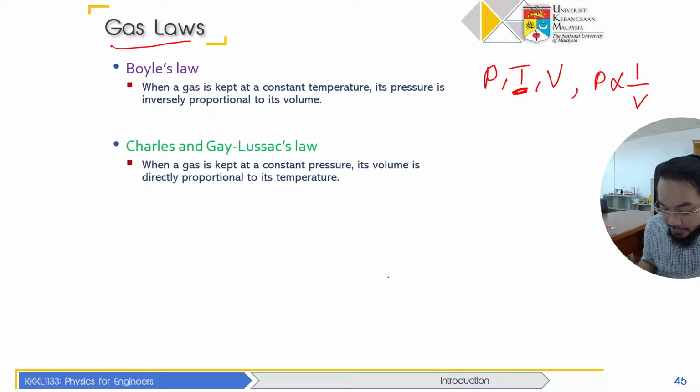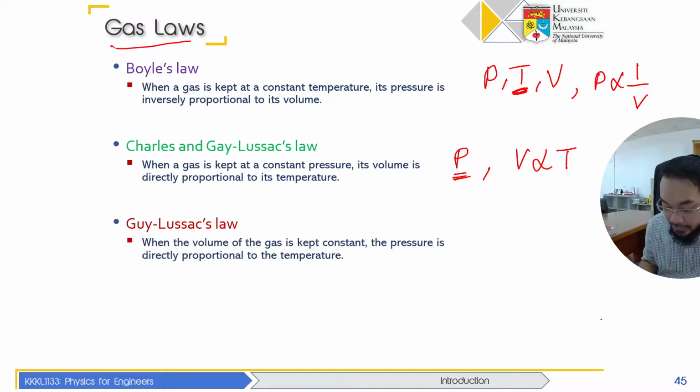In Charles's law, when a gas is kept at a constant pressure, its volume is directly proportional to its temperature. So if P now is constant, therefore volume is proportional to T. And then the last one, Gay-Lussac's law. When the volume of the gas is kept constant, the pressure is directly proportional to its temperature.